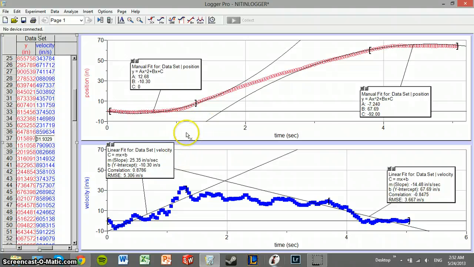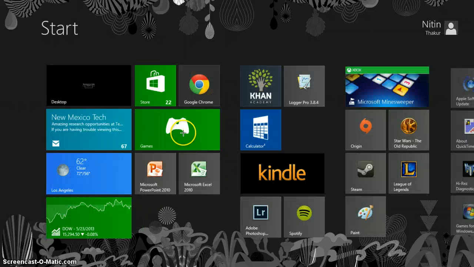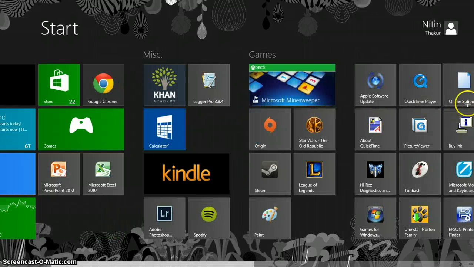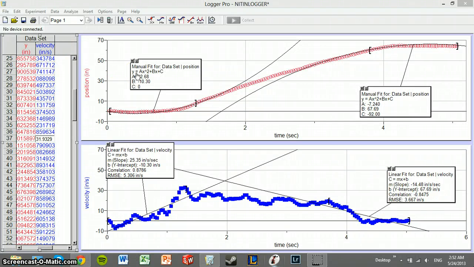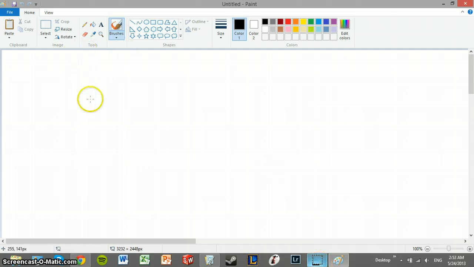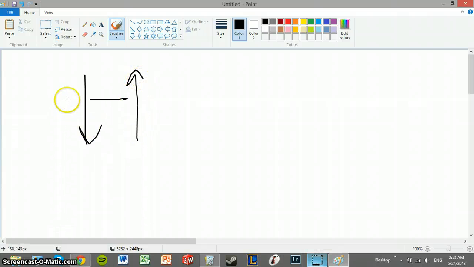So, the two arrows, let me go into Paint real quick. Okay, here we go. This cancels out with this. This is normal force, this is weight.